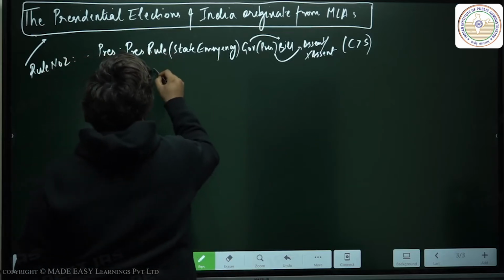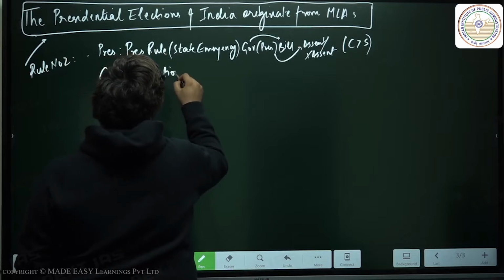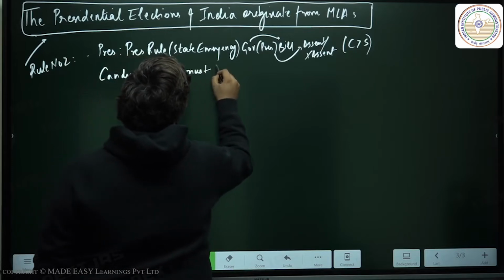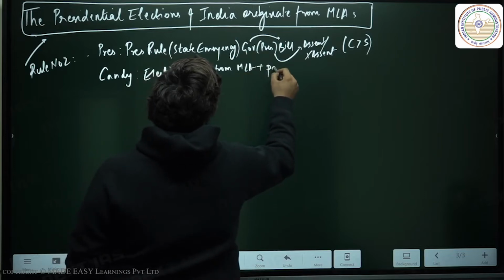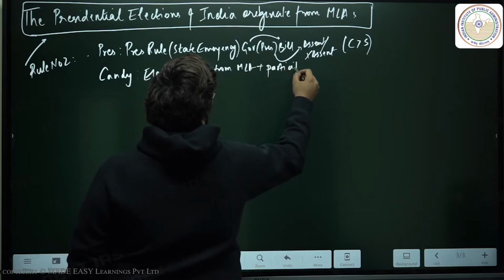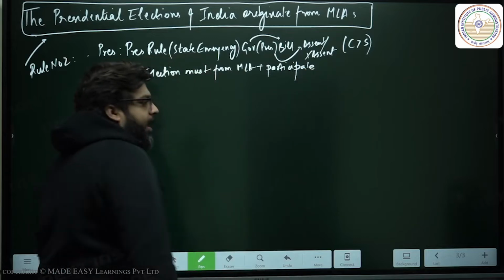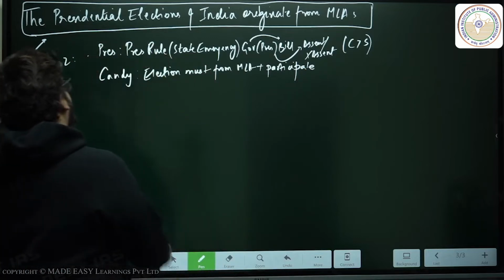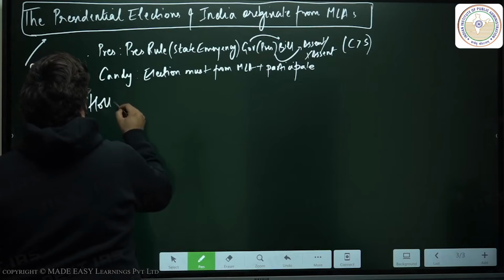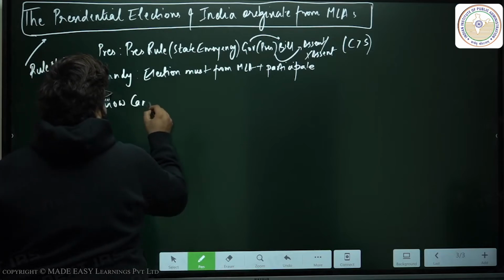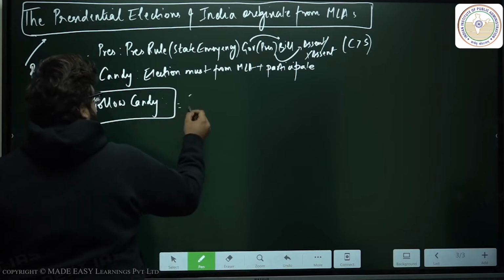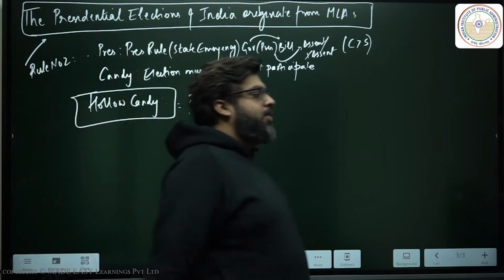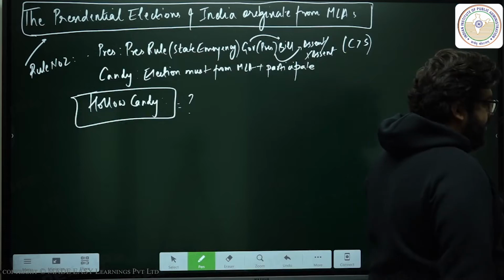The election must originate from MLAs and they must participate in it, so that the states are extremely happy, have tears of joy. What the hollow candy is going to be, I will tell you once we are done with the process. This is the suspense.